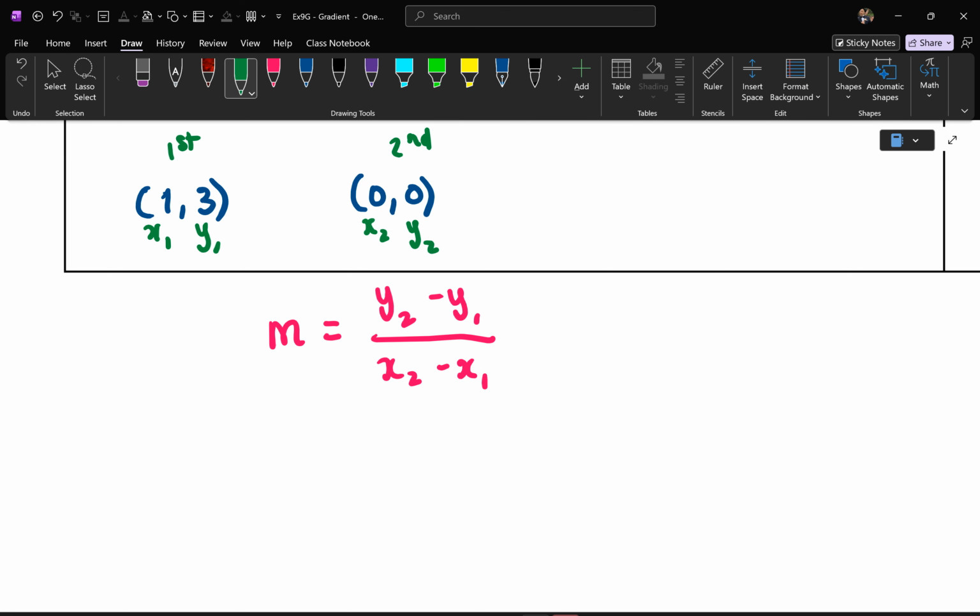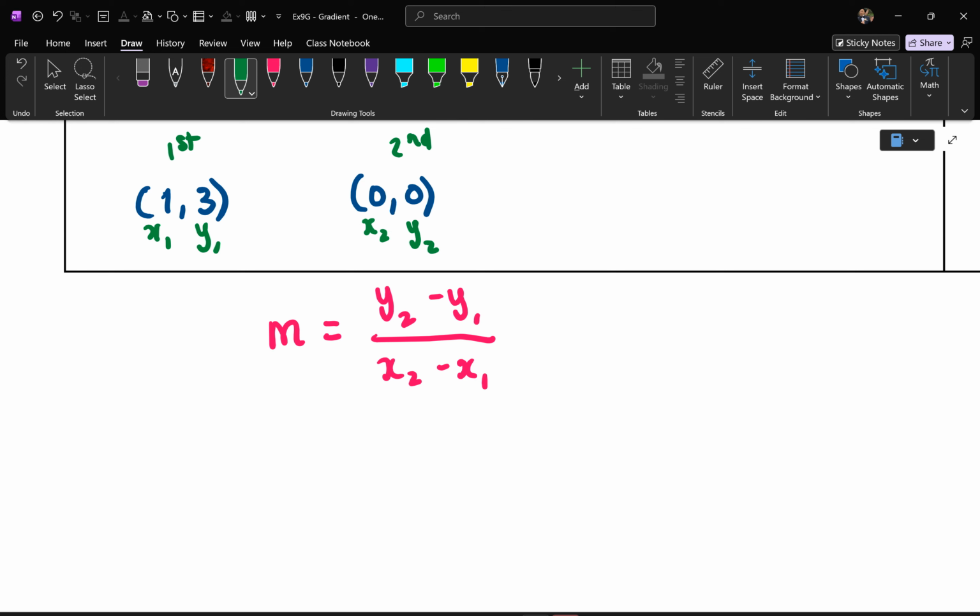For some reason as you're doing this, students will take y2 and put it here, or take y1 and put it there, they just mix it around. Or they put these numbers, which are x and y, on the top, and these two on the bottom. That literally is not just plugging in what you see. See, y2, what number is representing y2 at the moment? 0.